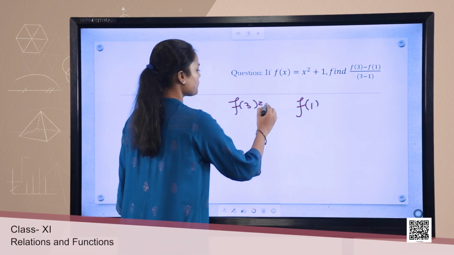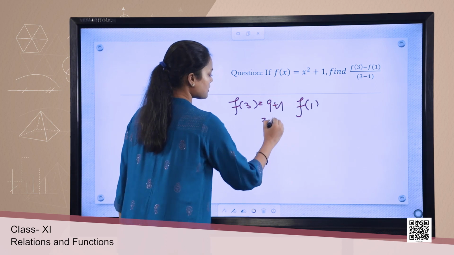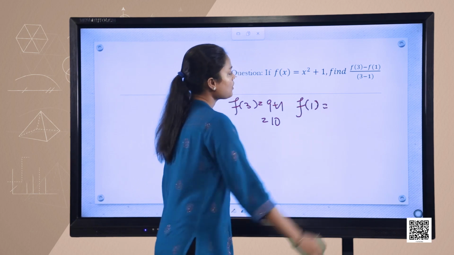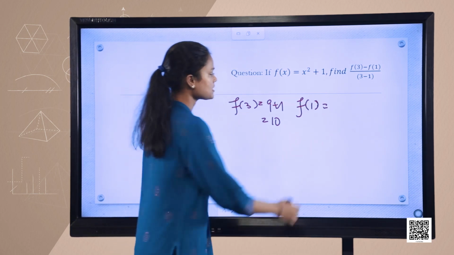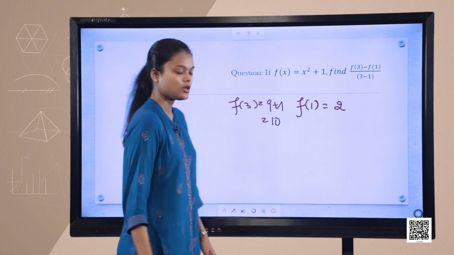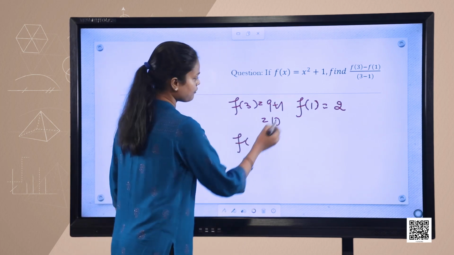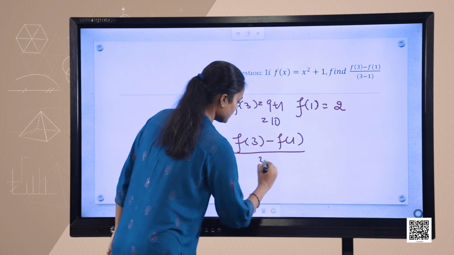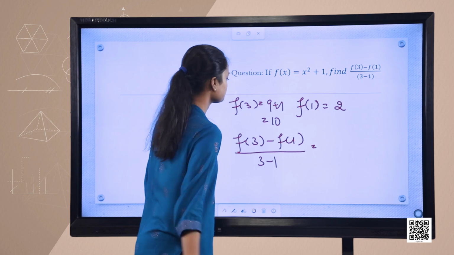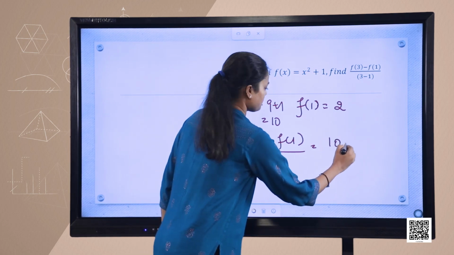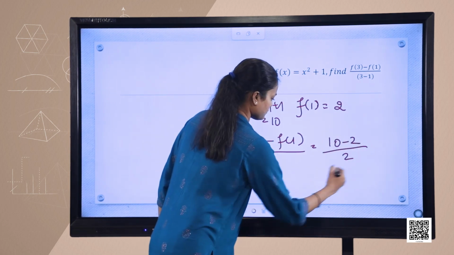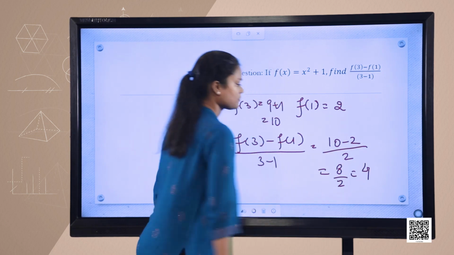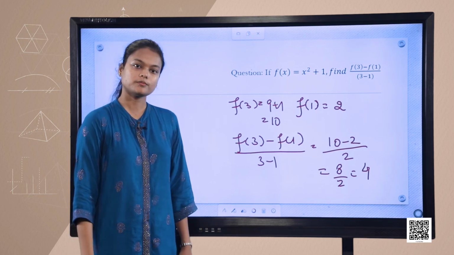It is 9 plus 1 gives us 10. That means 3 is mapped to 10. And image of 1 is 2. So f of 3 minus f of 1 upon 3 minus 1 gives us 4. So 4 is the value of this expression.